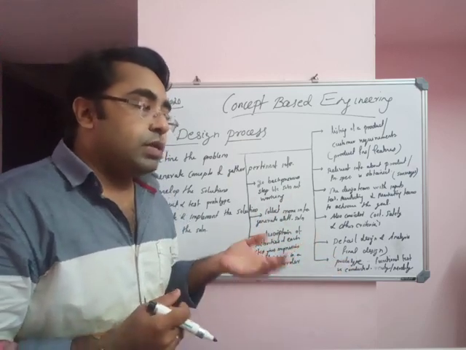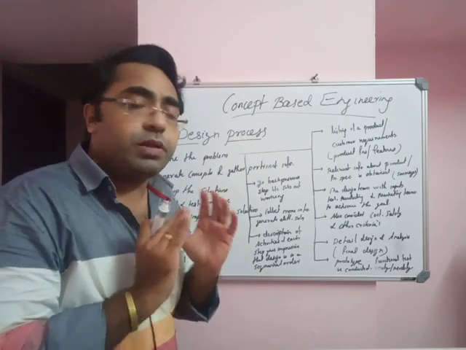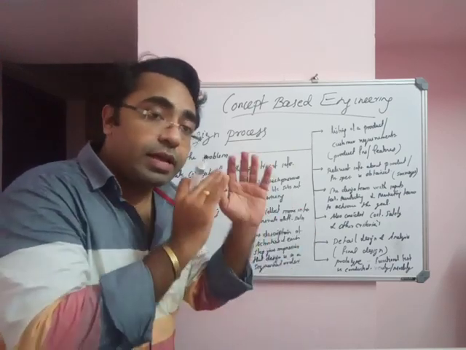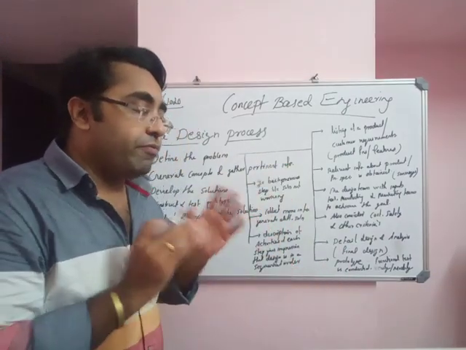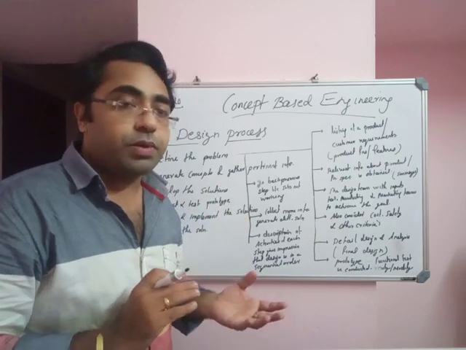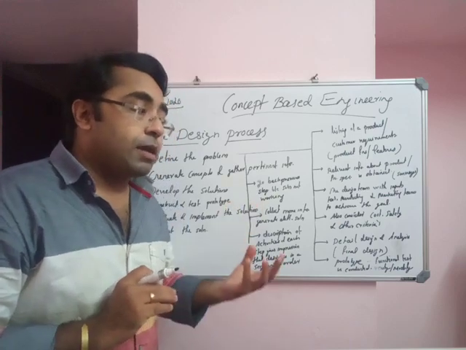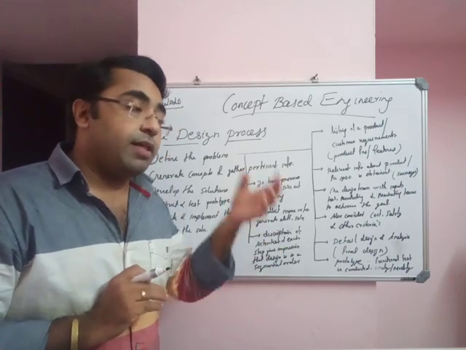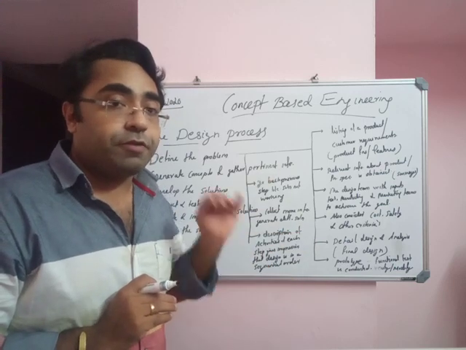The designer should understand what exactly the problem is in the already existing product, and we gather that information by using surveys. If the existing product has some problems, then how do we solve it? That may be the real problem, defining the problem.